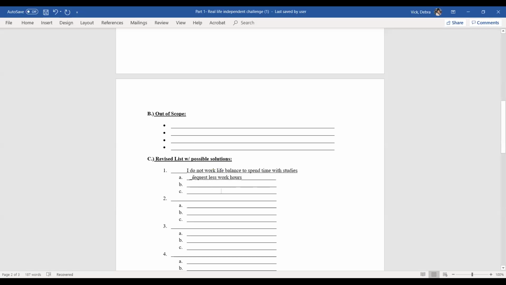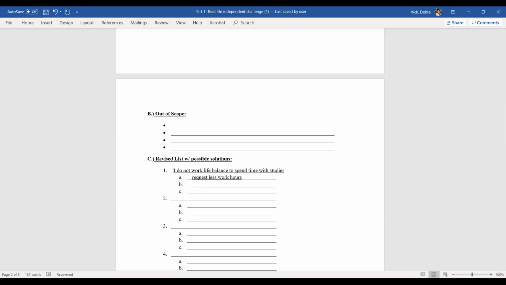Now, for a lot of people that are saying, well, why would I put that down? Why would I put request less hours if I need my hours? Well, another option could be maybe looking for another job, right? That has more flexible time or hours, that pays you what you needed to pay, maybe with less time spent on it. So you can determine what these 3 changes, or the 3 problem solutions to the problems, will be, right?